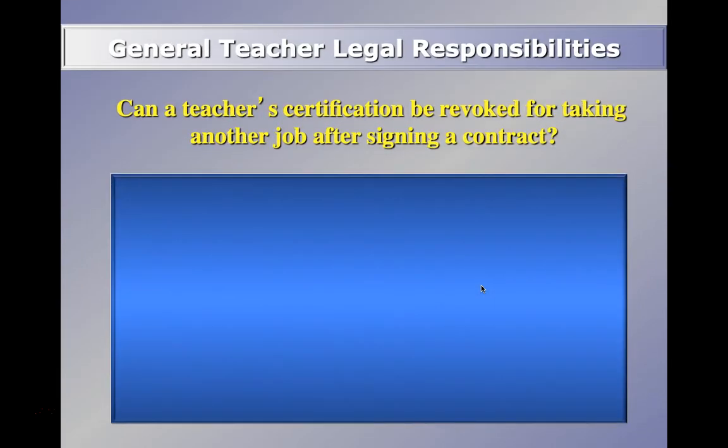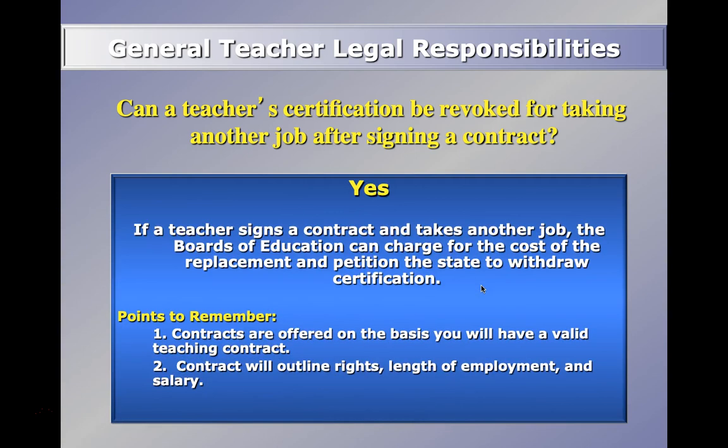Can a teacher's certification be revoked for taking another job or signing a contract? Well, let's figure out what that one means. Well, yes. If you sign a contract and take another job, or even verbally tell them that you're going to take the job, and then you decide you want to go to another school district and you sign their contract and you take their job, and then call the other one and say, I'm not going to take yours, I took this one.